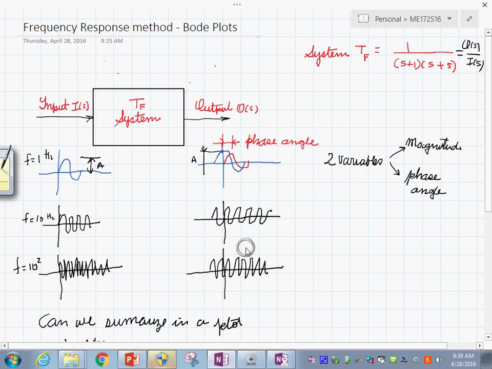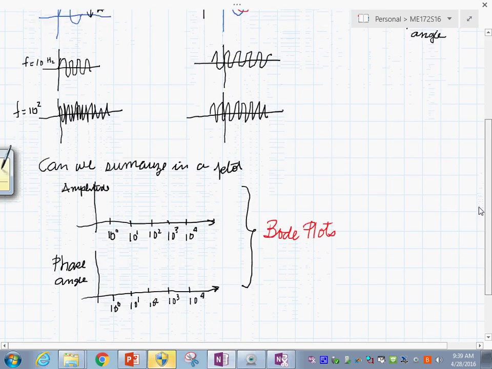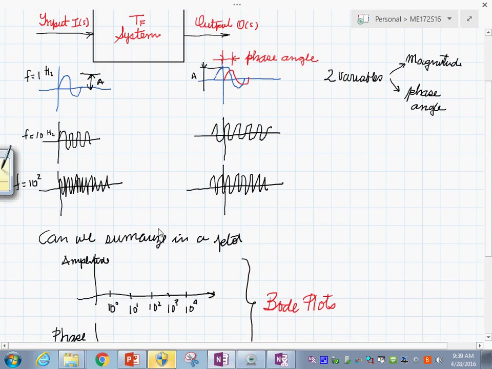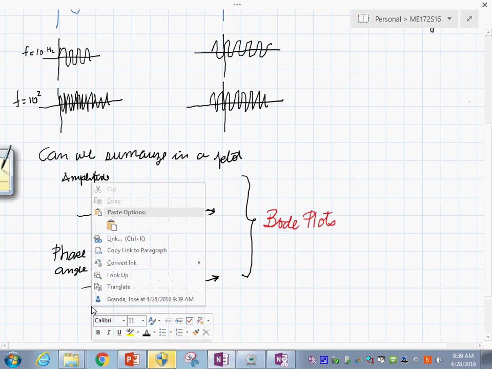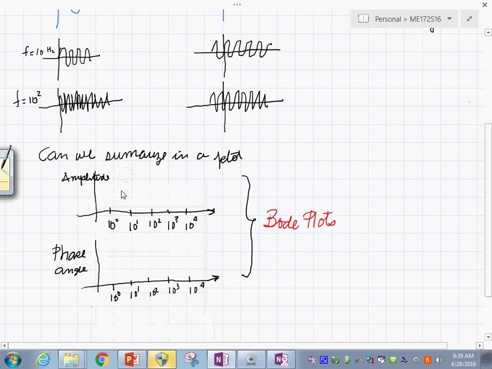So I think it's very important that we understand this concept: we have an input, a system, and then the output. The idea is to make a plot of how this would look. The plots might look like this.